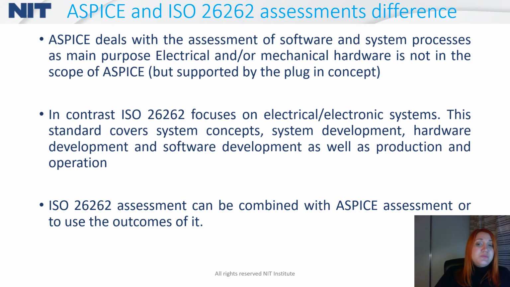The Automotive SPICE process assessment model is intended for use when performing a conformant assessment of the process capability on the development of embedded automotive systems. It was developed in accordance with the requirements of ISO 33004. SPICE deals with the assessment of software and system processes as its main purpose.